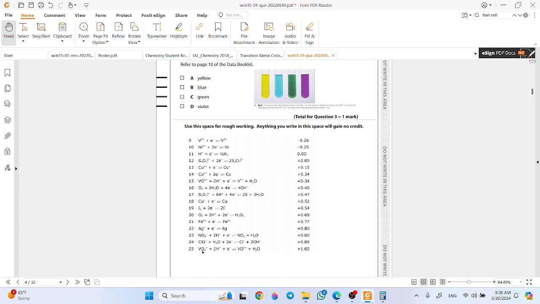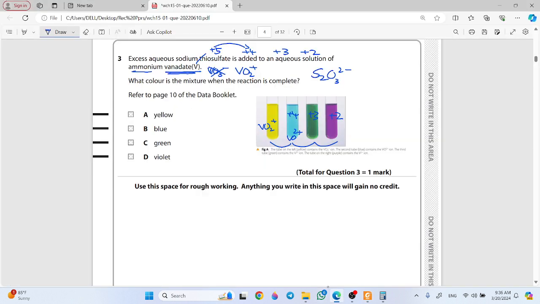That means, children, this VO2 plus can convert into VO2 plus, because this oxidation number is plus 5, this oxidation number is plus 4, this E cell value is plus 1.